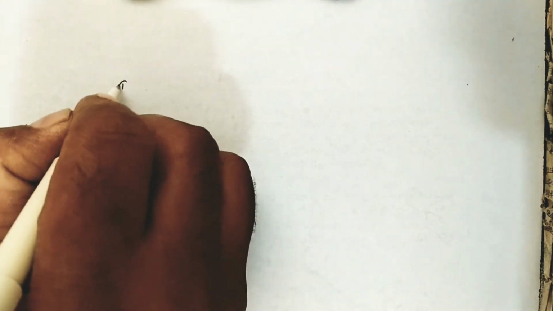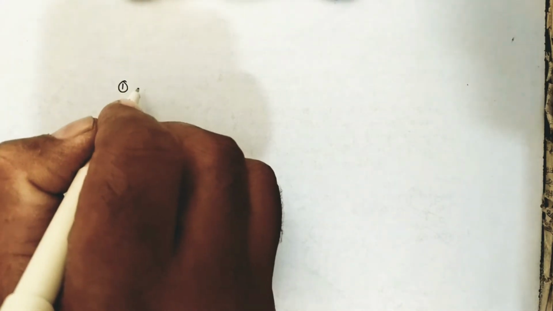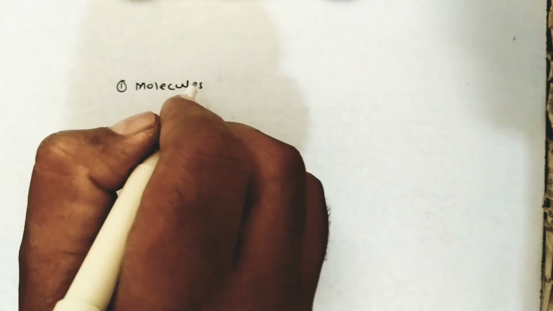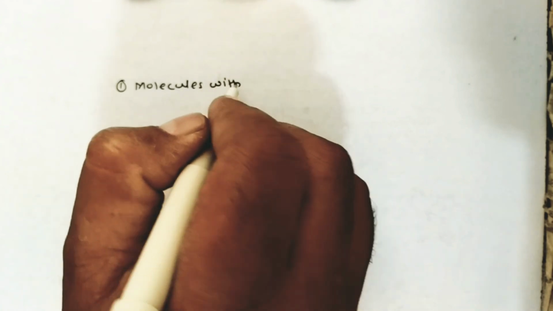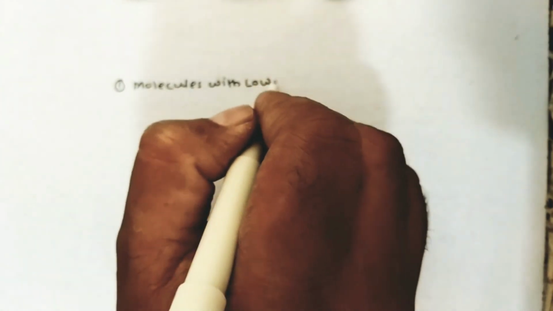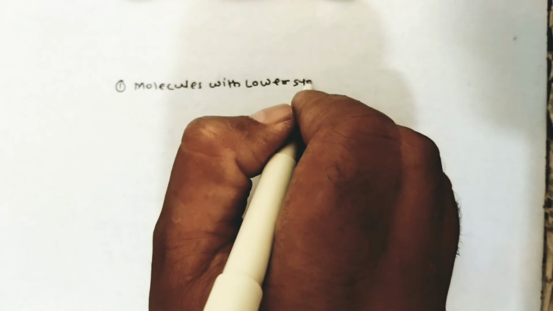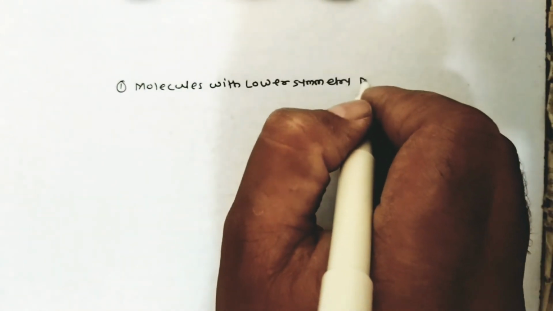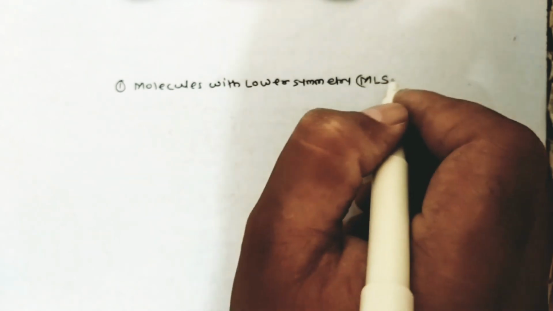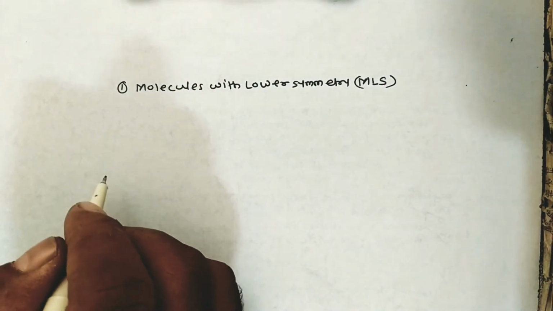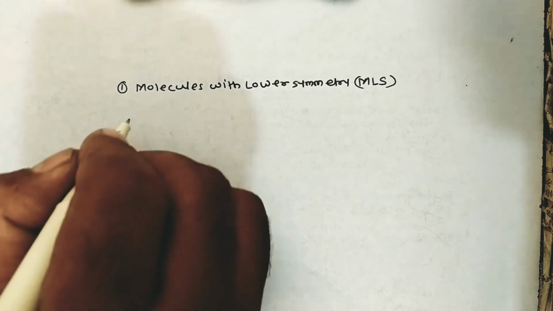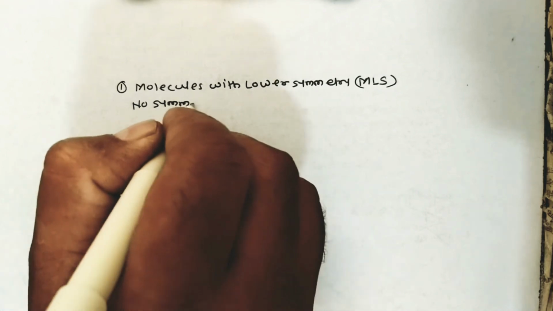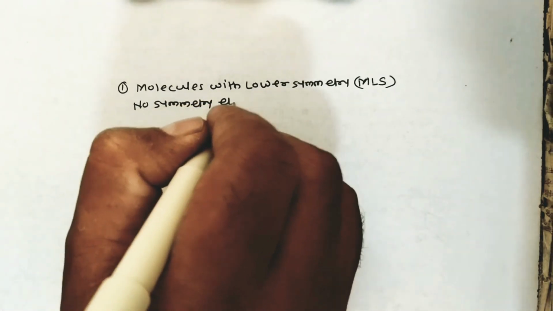The first type is molecules with lower symmetry. It means there is no symmetry element present in these molecules.